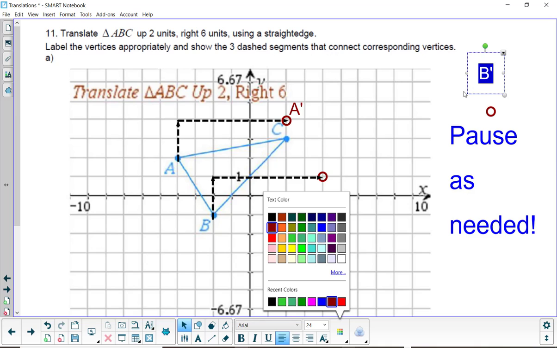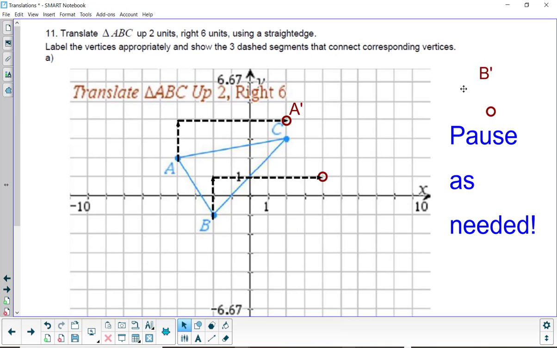Hopefully this is making sense to you. And then C prime, again I'll start at C and go up 2 and to the right 1, 2, 3, 4, 5, 6. And that's where C prime will be.